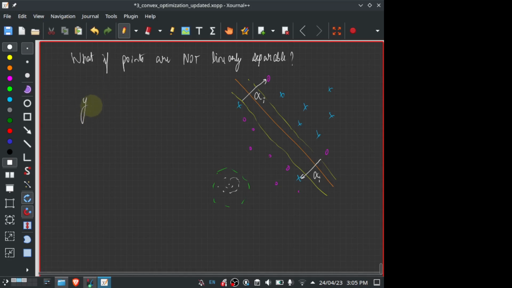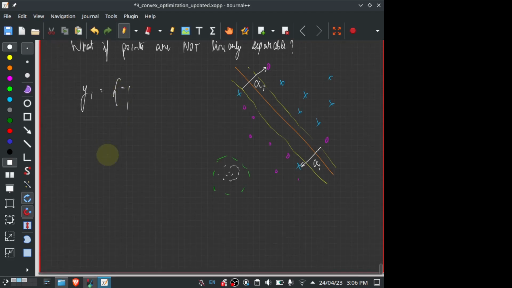Recall that earlier yi was either 0 or 1, depending on whether it was labeled 0 or 1. But now I'll use a different labeling of -1 and 1. It's just pure notational convenience. I can relabel the points which were 0 with -1, and those which were 1 are left as they are. So these are my new labels.